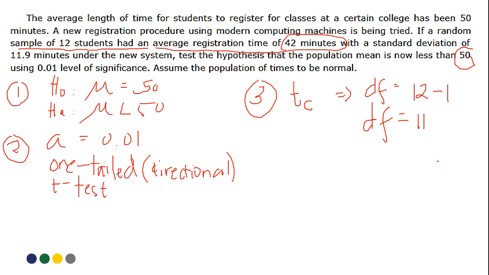Critical region. I haven't downloaded it yet, I'll send the T-table to the GC. Oh, Abalos says 2.718. That is the correct answer. The correct answer is 2.718.